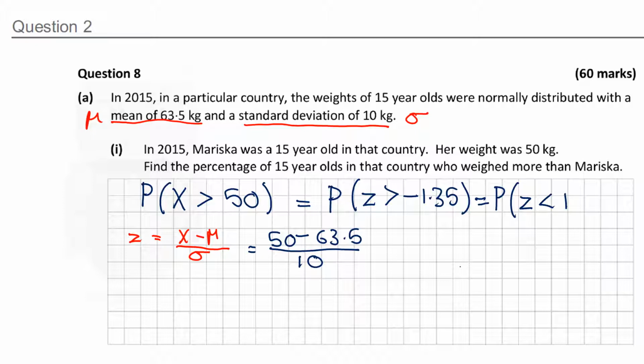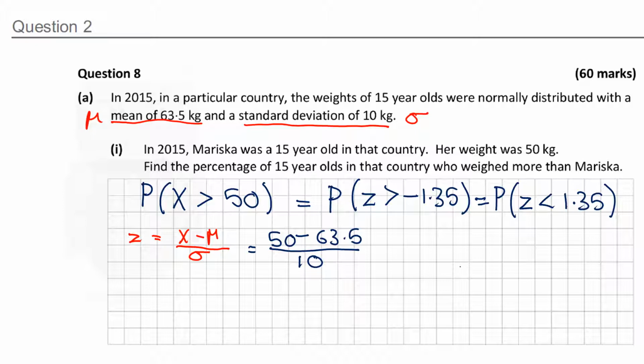Now, if you want to revise the probability, especially this section, and how to move from greater than to less than, and all that, I would advise you to check out the probability video. It's in the same channel here, and it goes through this in a lot more detail. For now, I'm just going to say the probability of z greater than minus 1.35 is the same as the probability z is less than 1.35.